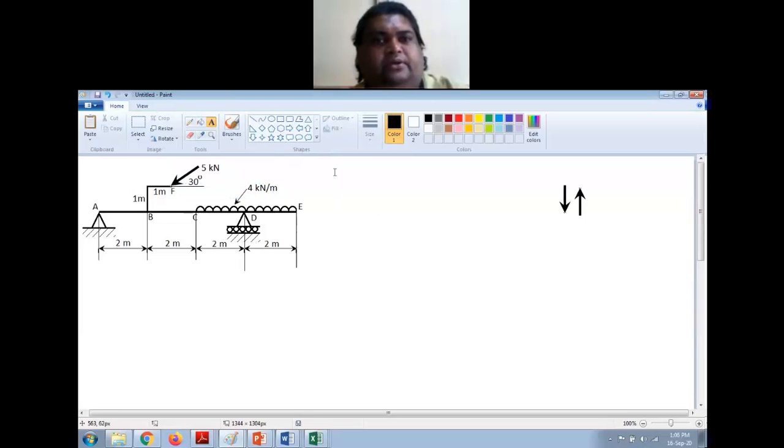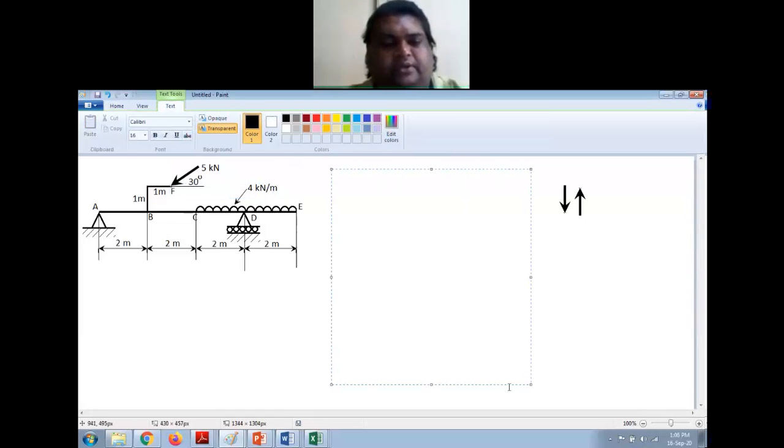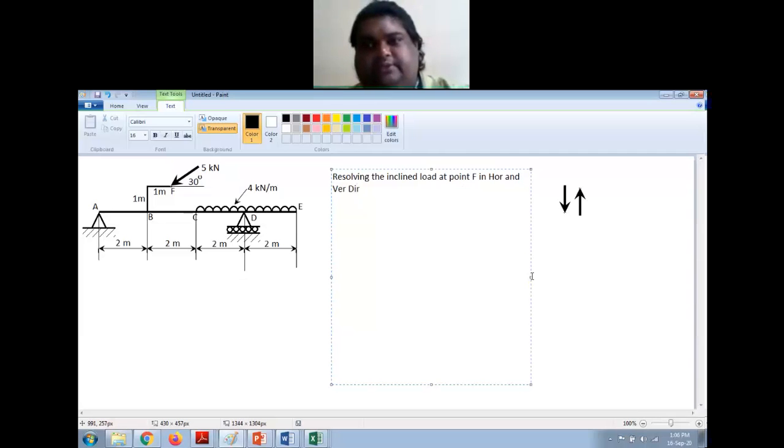Resolving the inclined load at point F into horizontal and vertical directions, right?